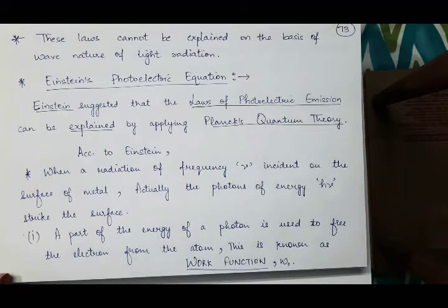So according to Einstein, when incident radiation of frequency nu is incident on the surface of the metal, that radiation consists of a number of photons of energy h nu. These are the photons striking the surface.